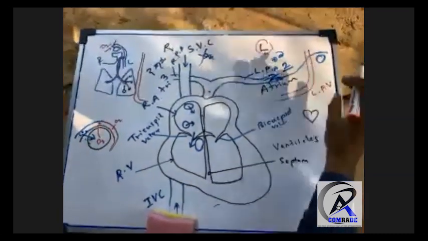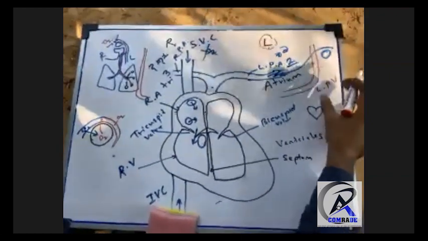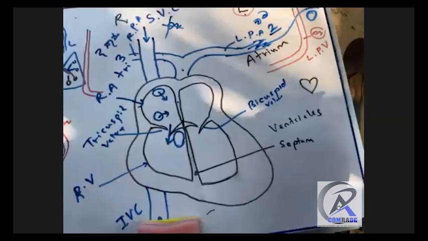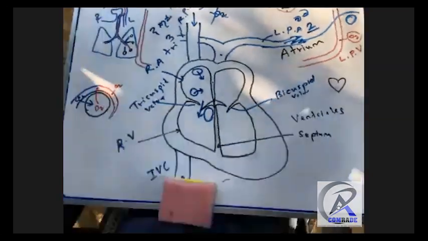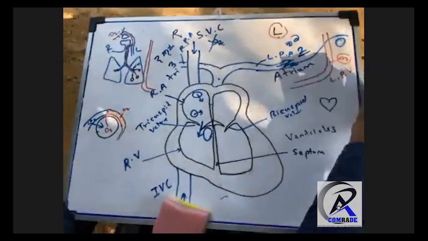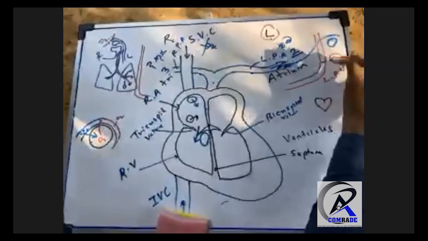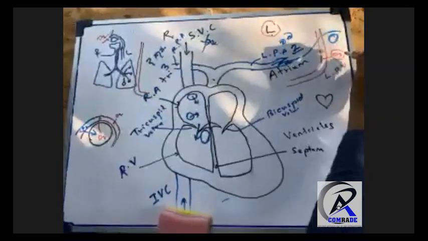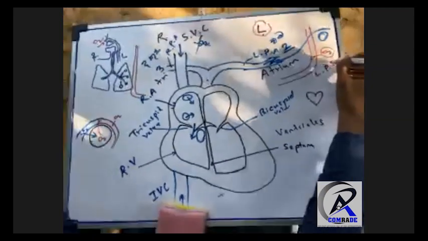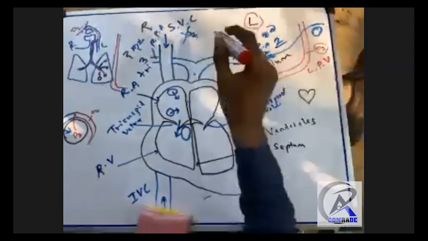The only vein in the human body which consists of oxygenated blood. Any question? The only vein inside the human body which consists of oxygenated blood is the pulmonary vein. It could be left, it could be right.